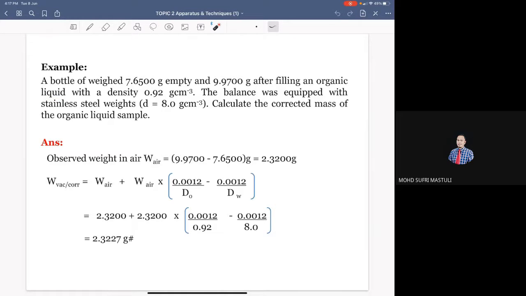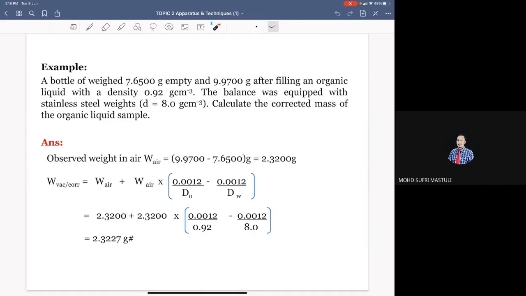This organic liquid has a density of 0.92 gram per cubic centimeter. The balance was equipped with standard steel weights, which have a density of 8.0 gram per cubic centimeter. So the question is, calculate the corrected mass of the organic liquid sample.